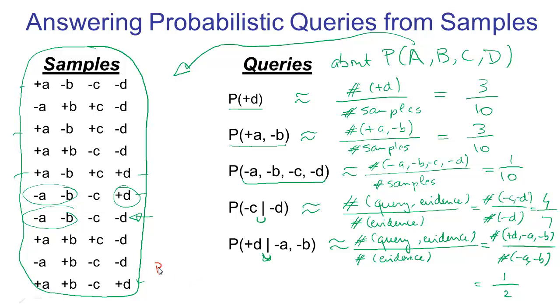In general, when we're asked for the probability of a query variable instantiation given some evidence variable instantiation, it's going to be the number of times we saw the query and the evidence instantiation divided by the number of times we saw the evidence instantiation. If it happens to be the case that in our samples the number of times we saw the evidence is equal to 0, then also the number of times we saw the query jointly with the evidence will be 0, and we'll end up with a 0 over 0, which means we cannot estimate that conditional probability from the samples we've obtained so far.